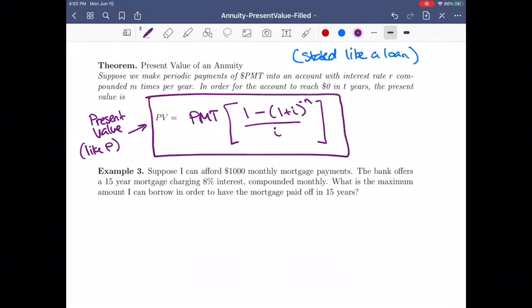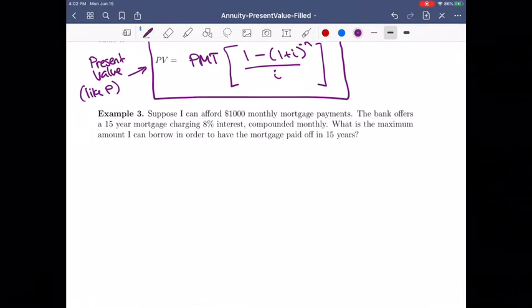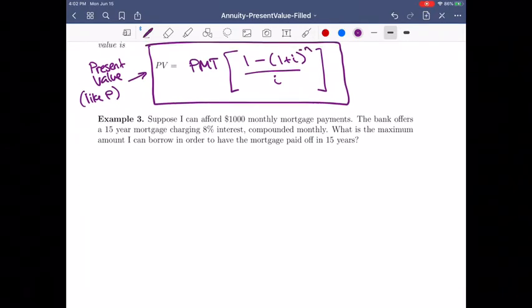Now let's do an example. I know I can afford $1,000 monthly mortgage payments, and the bank offers me a 15-year mortgage charging 8% interest compounded monthly. What is the maximum amount I can borrow if I want to have it paid off in 15 years? So here the amount I know I can pay is $1,000.